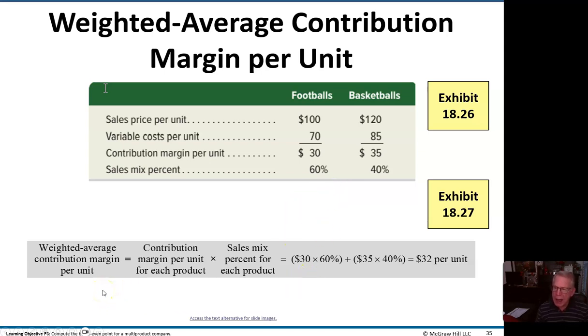So our weighted average contribution margin per unit is going to be equal to the contribution margin per unit for each product times the sales mix percent for each product. So here we'll take the $30 of contribution margin per unit for football times 60%. And then $35 for basketball contribution margin per unit times 40%. That comes out $32 weighted average contribution margin per unit.